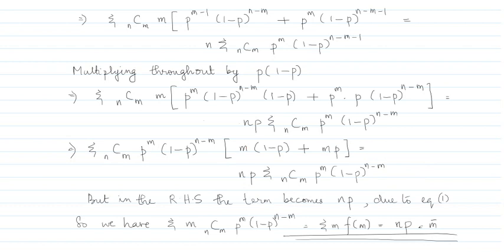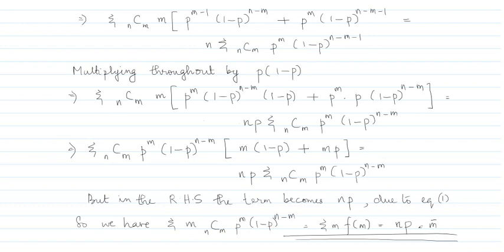So on my LHS, I will have m times nCm p raised to m 1 minus p raised to n minus m. Now, what is this thing? This is nothing but summation m times f(m). This is the binomial distribution function, isn't it?